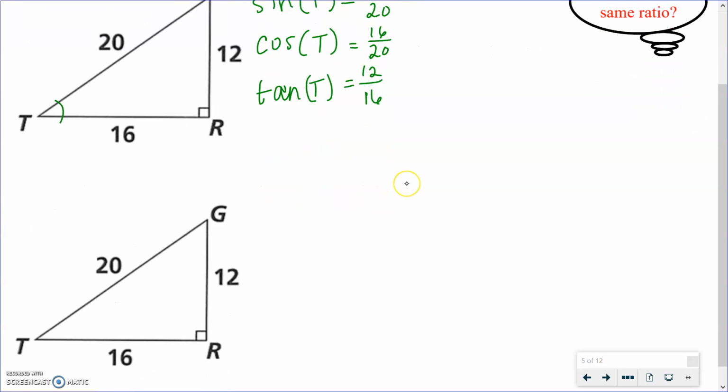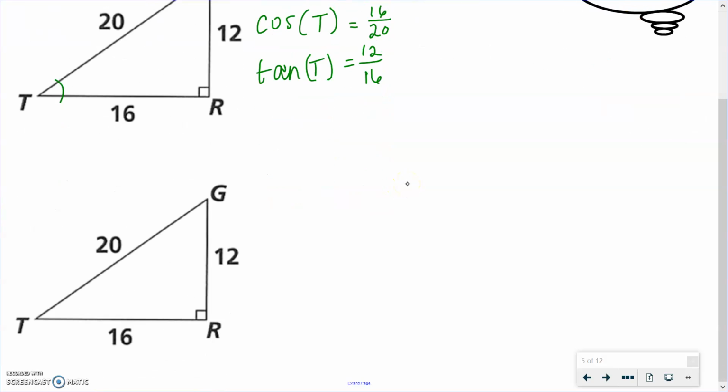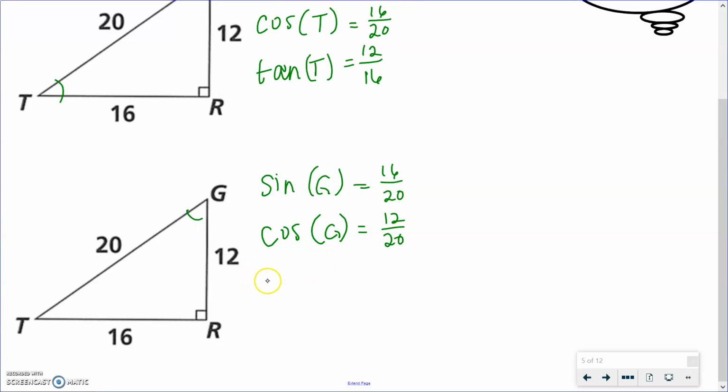Okay? And then we can do the same thing for G. So for the sine of G, we want to look at the opposite over the hypotenuse, so 16 over 20. And the cosine of G is going to be 12 over 20, the adjacent side over the hypotenuse. And the tangent of G is going to be the opposite, which is 16 over 12, the adjacent side.